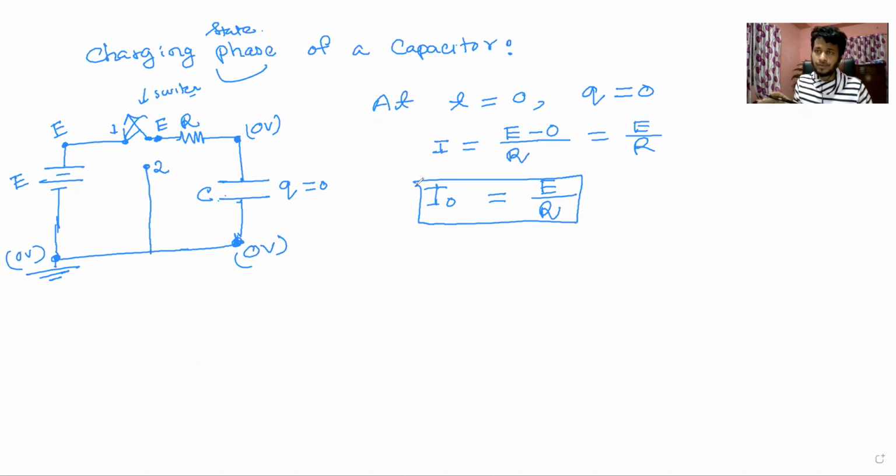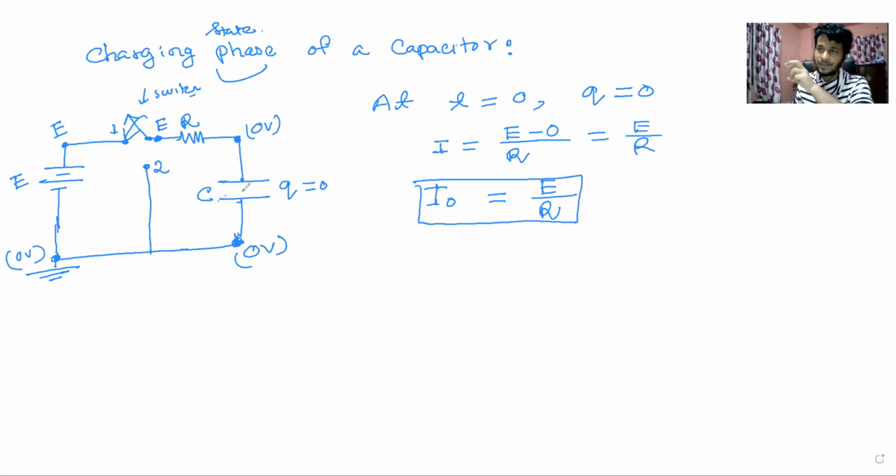Up to this, do you have any confusion? No, sir. We should have no confusion, right? And I have also forgotten to mention another thing: when we use a parallel plate capacitor, these plates are actually conductors. Conductor means metal.